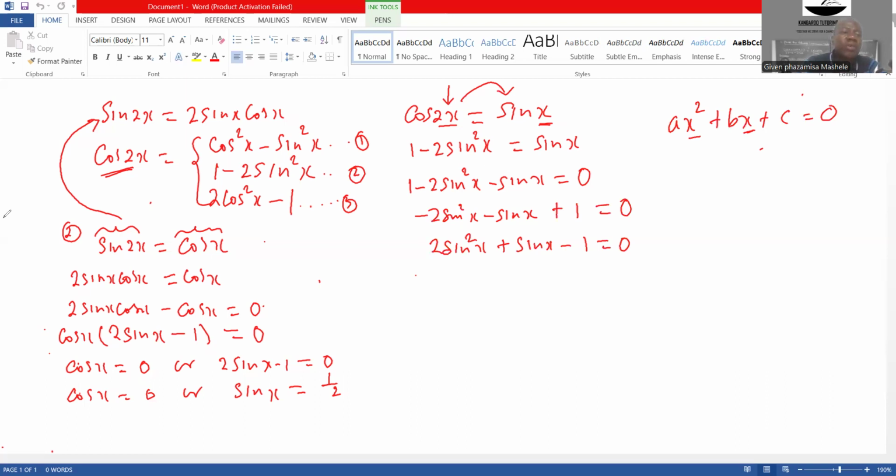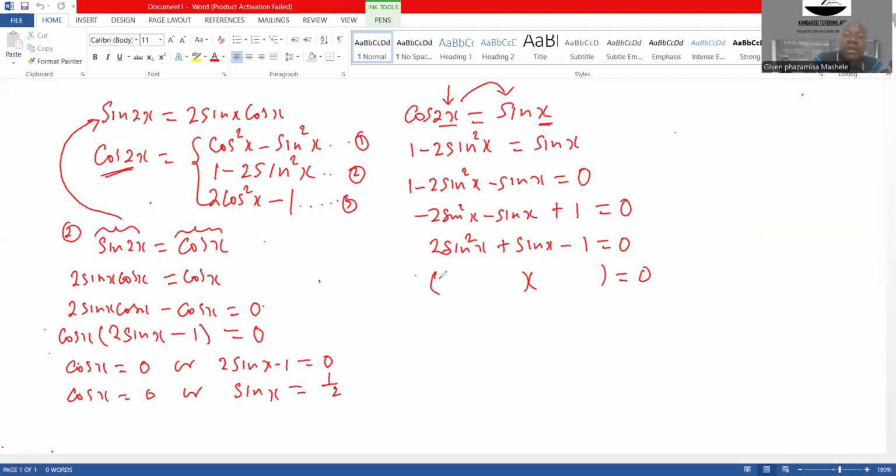So we can try to factorize this expression. Remember, there are many ways to skin a cat. Some of you can use the quadratic formula. You can still use the letting method if you are not used to this. There's no problem. By looking at this, we can factorize this expression and make two pairs of brackets. What are the factors of 2 sine squared x?